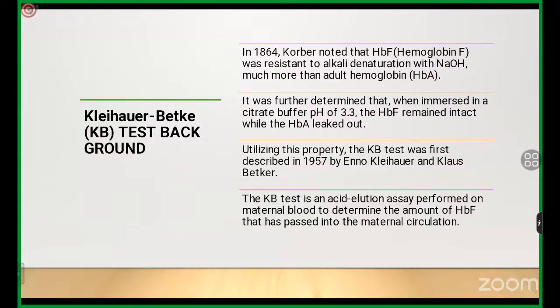And that has to be a condition for us to consider KB as a valuable element in this. KB and also FMH. Let's bear in mind that there has to be a pregnant woman who is rhesus negative and a baby who is rhesus positive.